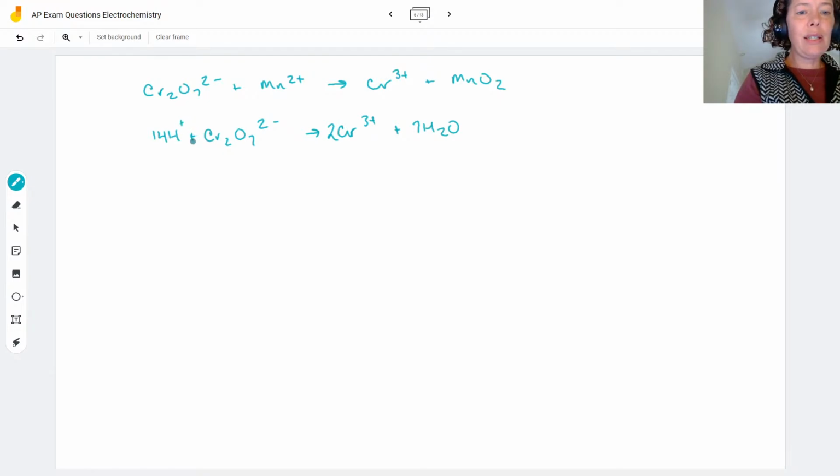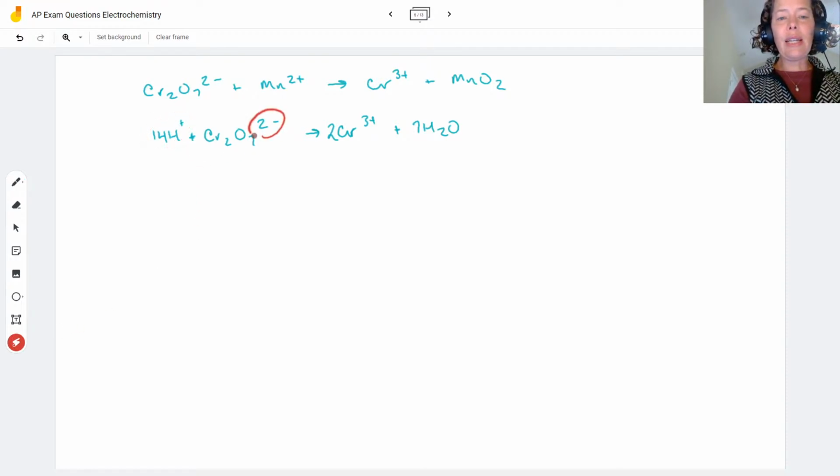14 H plus. So now at this point, all of my atoms should be balanced, but my charges are not balanced. So I need to put electrons in such that my charges balance. So what I've got going on here is this is a plus 14 minus 2, so this is overall plus 12. And I've got a plus 6 here because this is 2 times 3, that's plus 6.